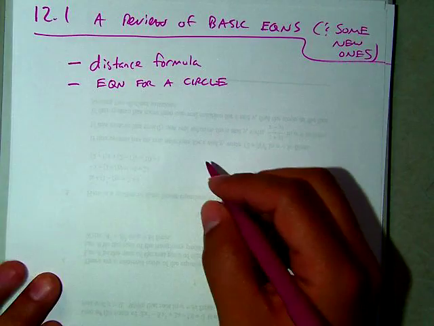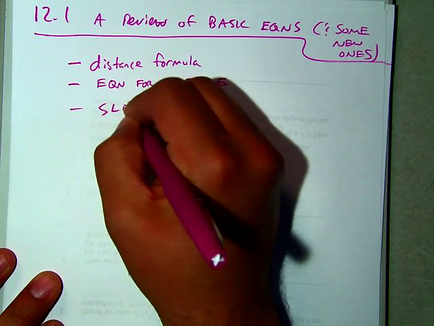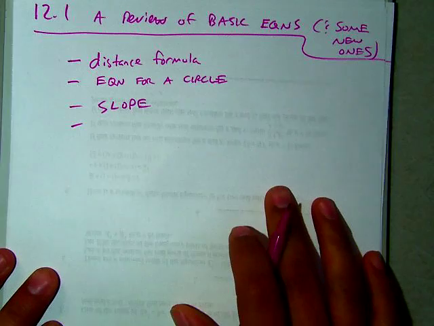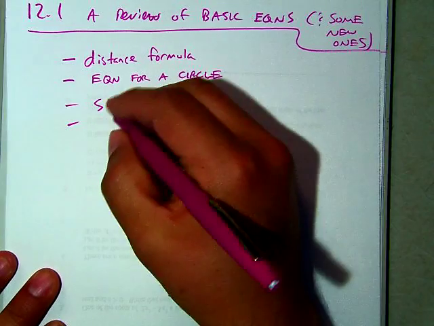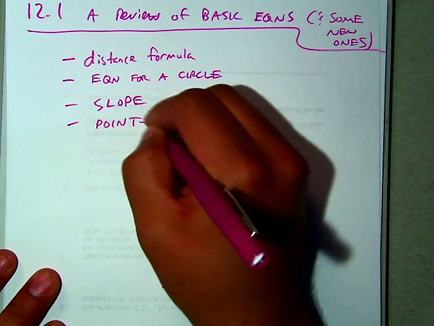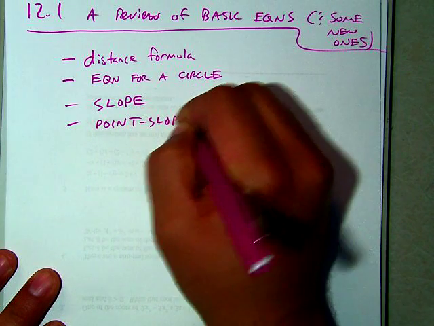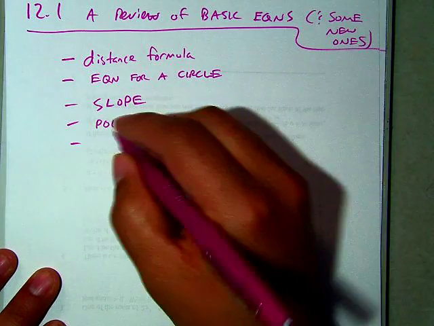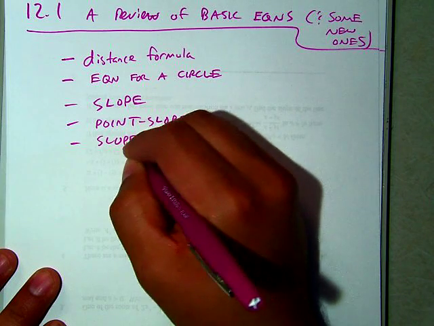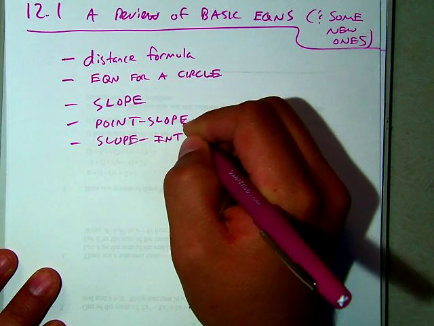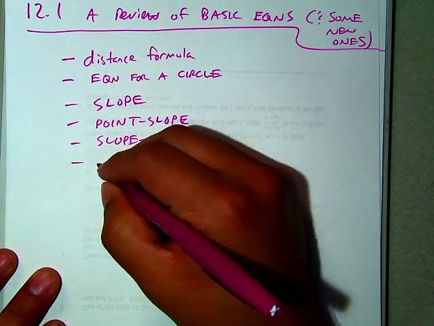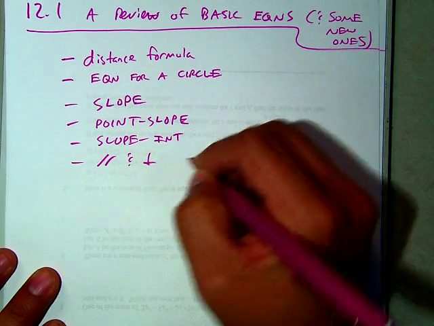Yep. You should know how to find slope. You should know how to work with point slope formula, the point slope equation of a line, and slope-intercept. You should know the difference between parallel and perpendicular lines.